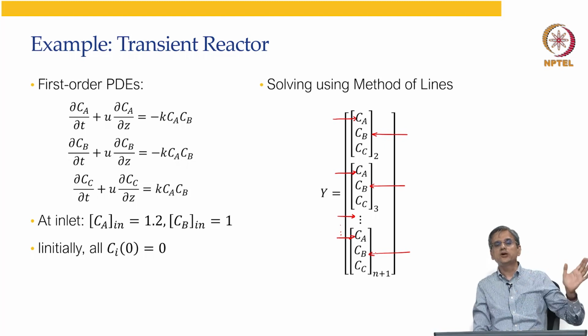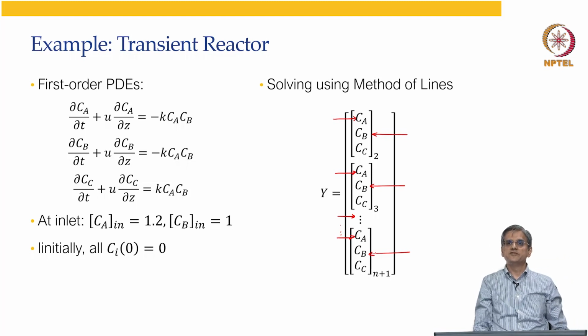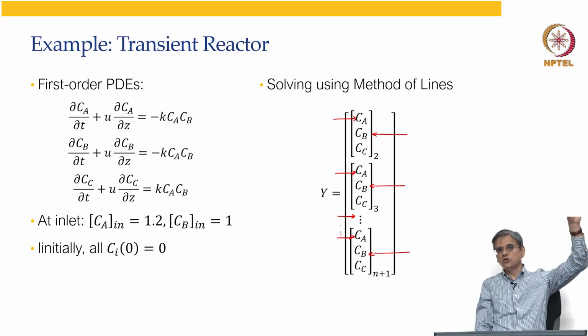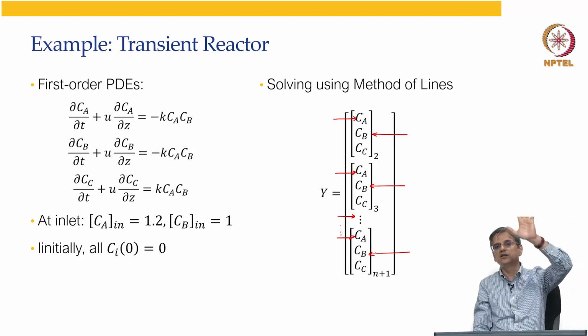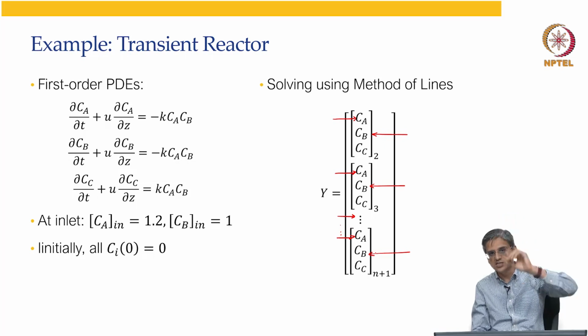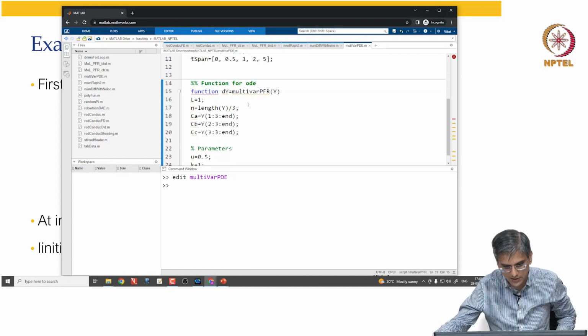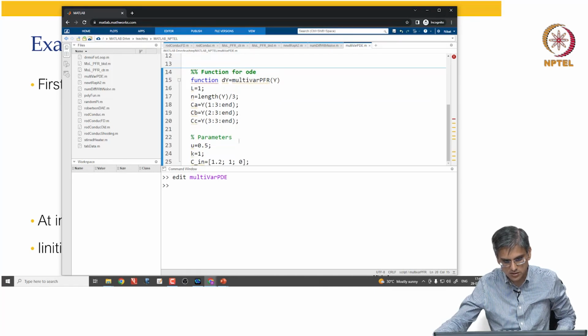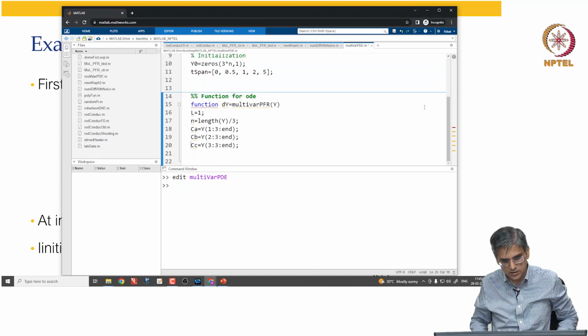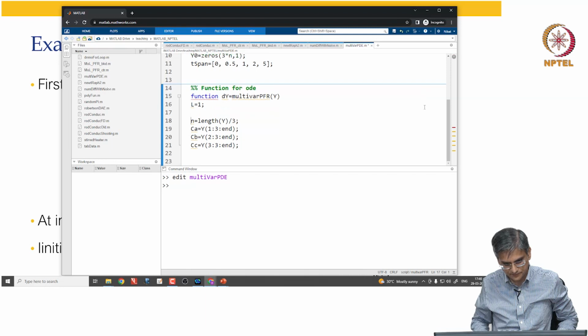Now recall what we had done in the previous week. The first nodal CA is CA in, the second nodal CB is CB in, the third nodal CC is CC in. And that is what we are going to put as well. So once we have that, let's move our parameters up. Let's delete this.